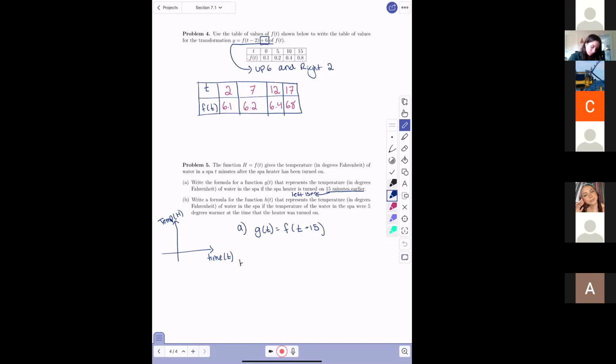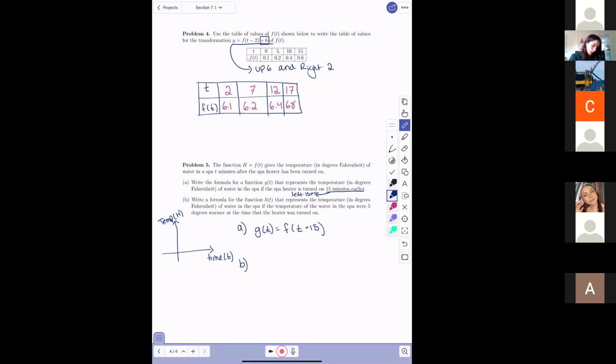Okay, for B, write the formula of the function h of t that represents the temperature in degrees Fahrenheit of water in the spa if the temperature of the water in the spa were 5 degrees warmer at the time that the heater was turned on.